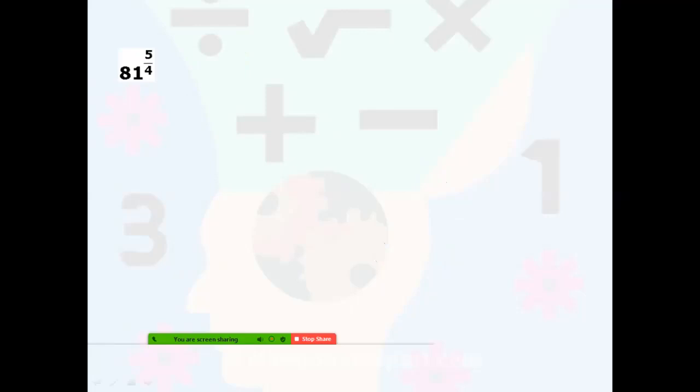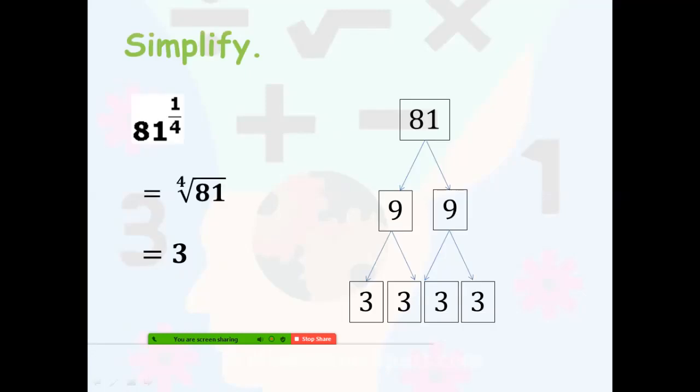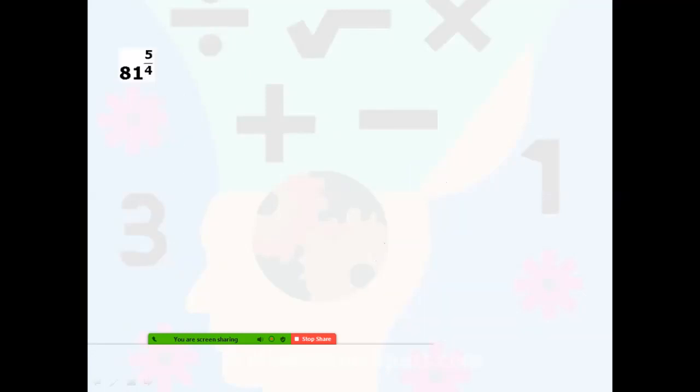Now this question is a bit different as there is a numerator number. In the previous one there was 1, but here there is a 5. So what do you do in such cases? First, write this number using the radical symbol. In parentheses, we write 81 as the radicand and then the sign, and 4 becomes the index as the denominator is 4.